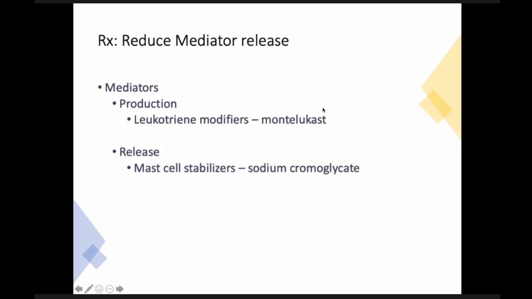Montelukast, in addition to being a leukotriene modifier, has weak bronchodilator properties as well. So it is a bronchodilator as well as an anti-inflammatory in one way, and it is not available as an inhaler. It is given in tablet form as an oral medication.